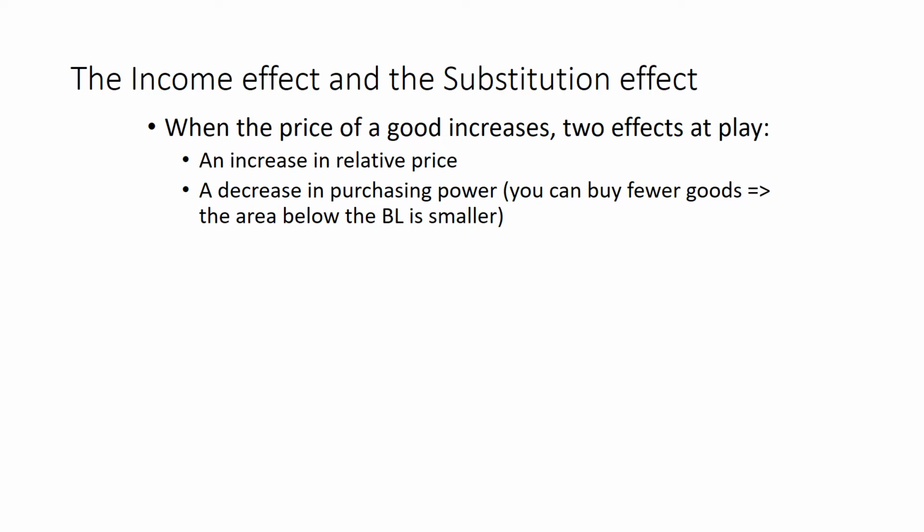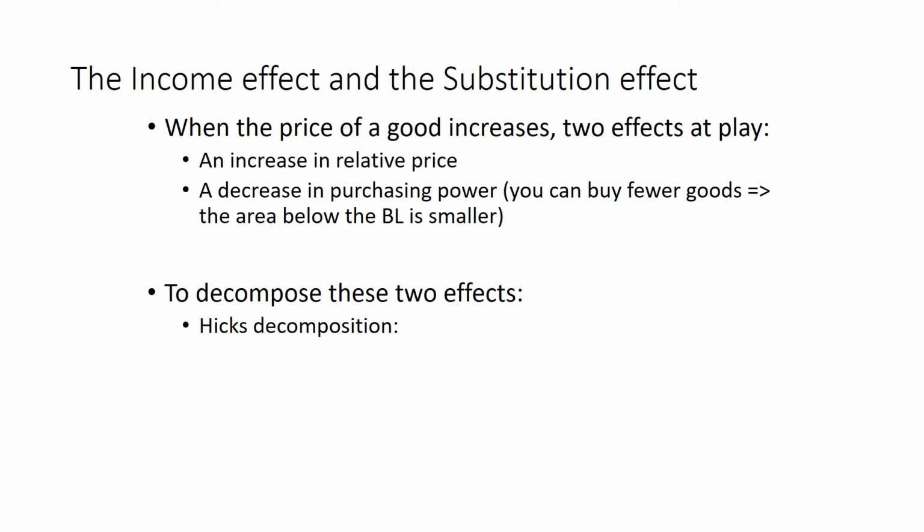Second, because one good has become more expensive, there's a decrease in the purchasing power. You can buy fewer goods, and the area below the budget line is smaller. So the budget line is going to pivot inside, or towards the left, because now one of the goods has become more expensive.